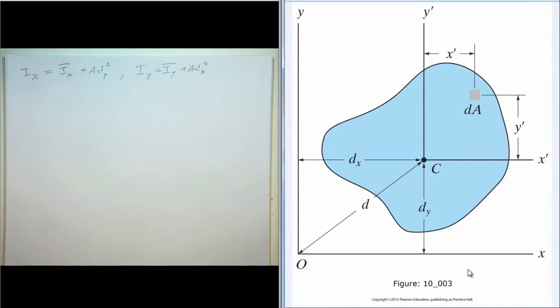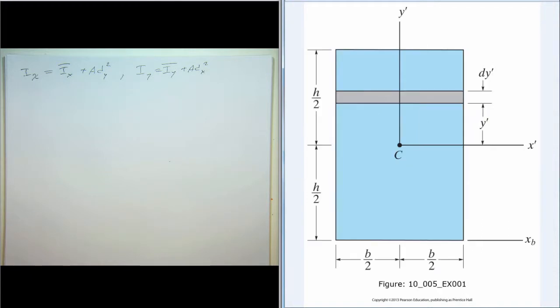So now we'll put this into practice with this example problem, where we want to determine the moment of inertia for the blue rectangle with respect to both the centroidal x prime axis and the axis x sub b, which is at the base of the rectangle.